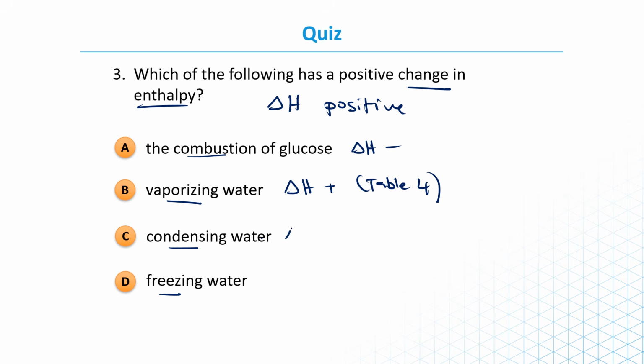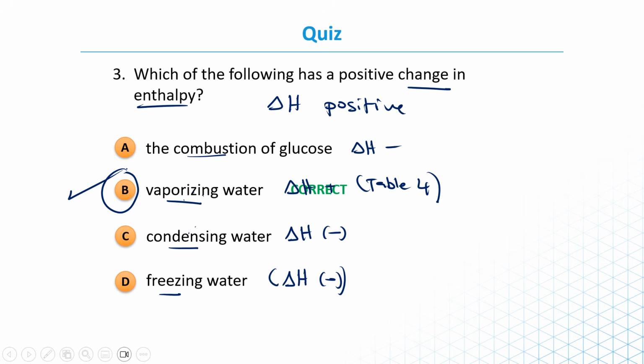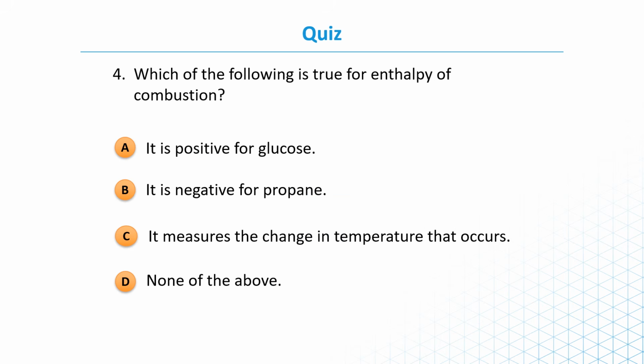Condensation, we know that delta H is negative because it is the opposite of vaporization. Freezing, we know that the delta H is negative because it is the opposite of fusion, of melting. To freeze we have to lose heat. So the correct answer is going to be vaporization.